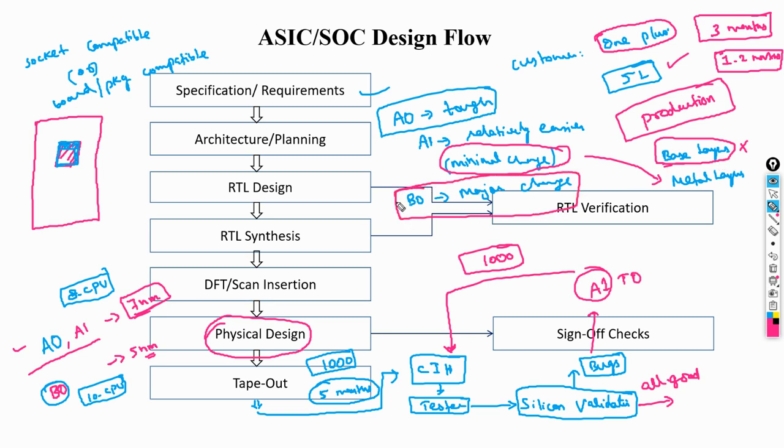Probably you may not understand this at this moment, but gradually you will get to know each and everything. If you look at these versions A0, A1, B0, B1 and all of that, you will hear more in server chips, like Intel server, AMD server, or processors.